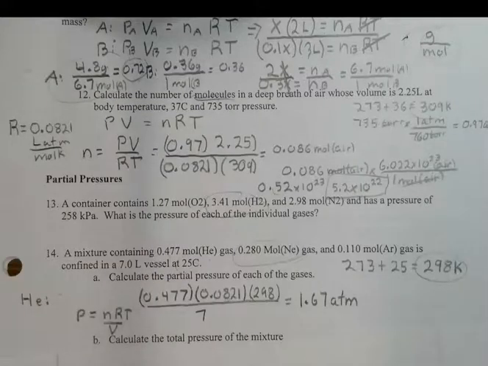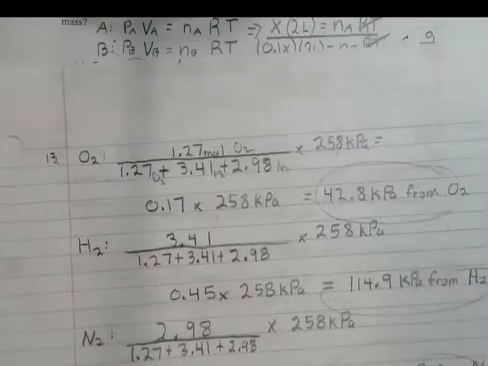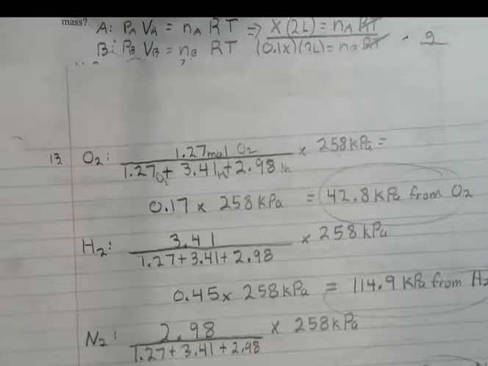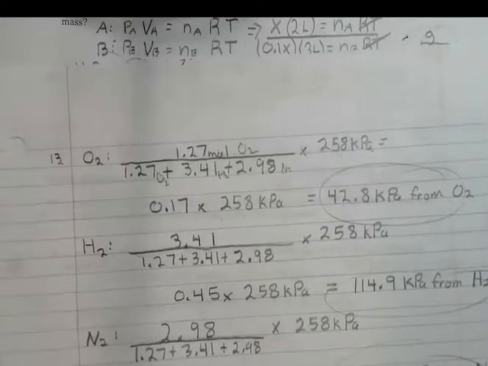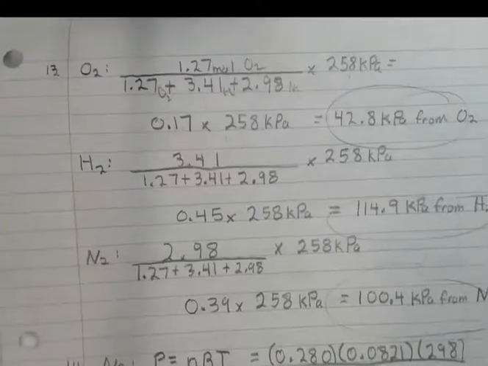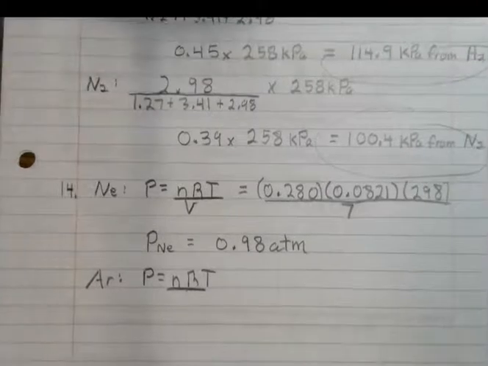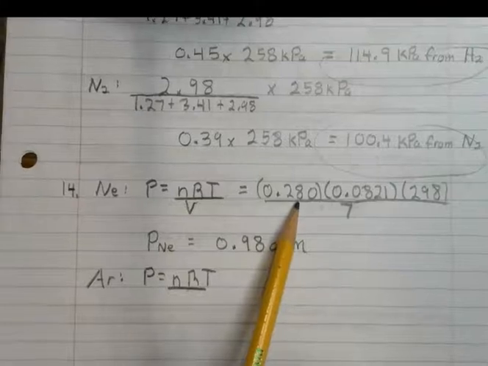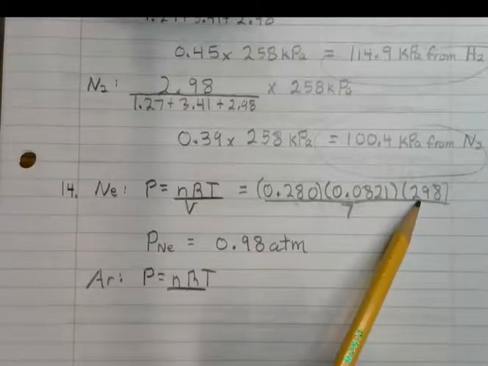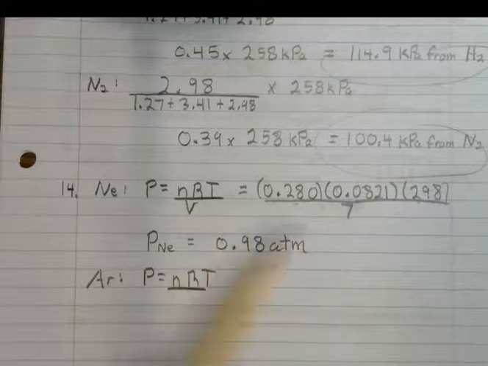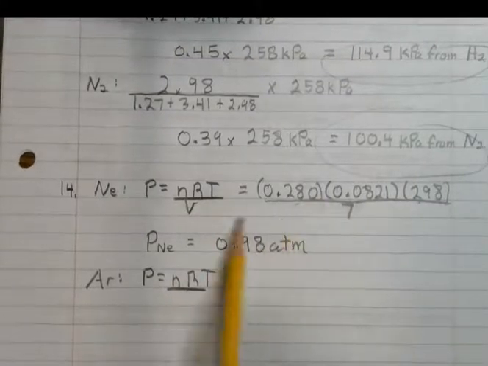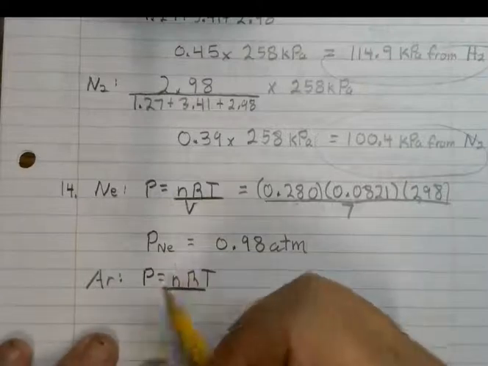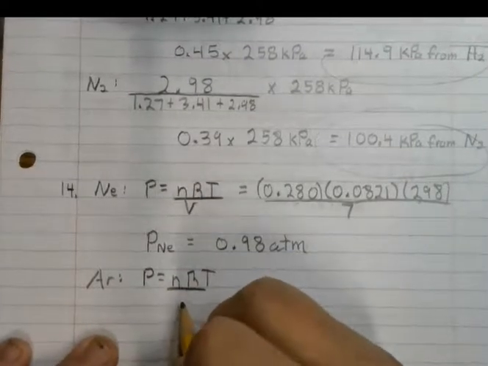All right, and finally we've got for argon, 0.11 moles. Let me get on screen here. Okay, if I wasn't on screen, I wasn't paying attention. N was 0.28 for neon. R is what it is. The temperature is going to stay the same at 298. The volume is what it is. It's 7. And you just run that and you get this for neon. Okay, so if you were listening to me, not seeing me, now you're seeing me.